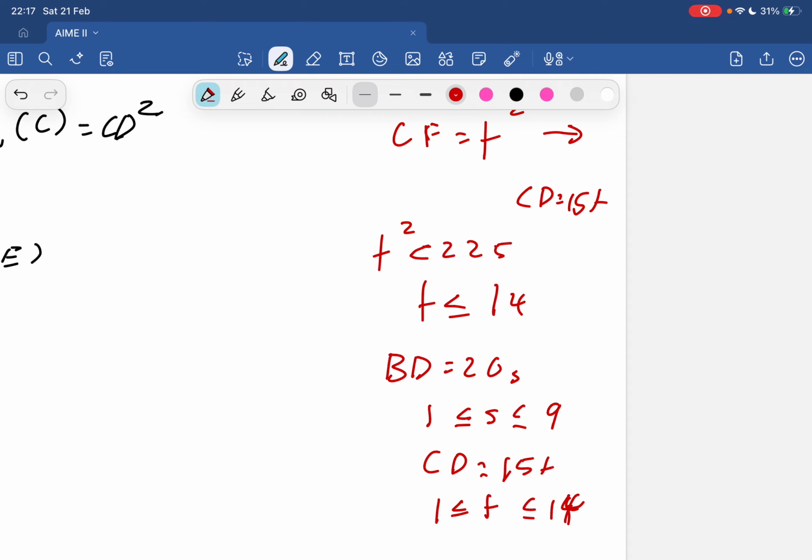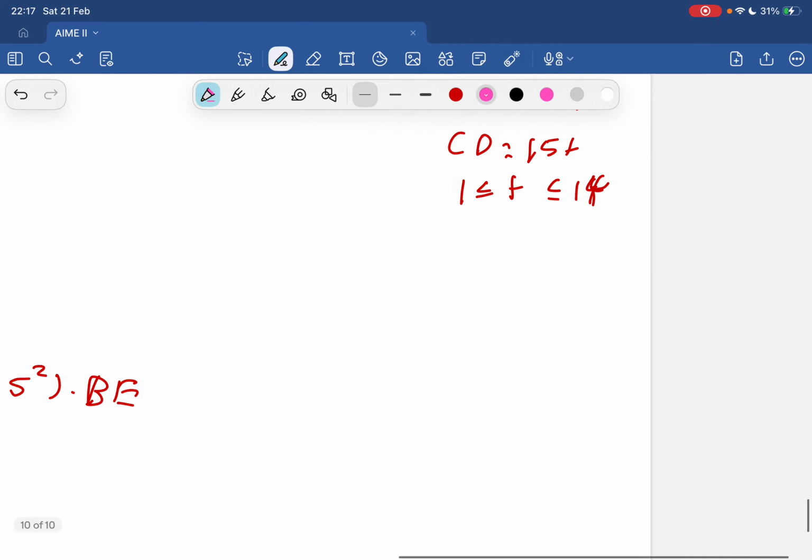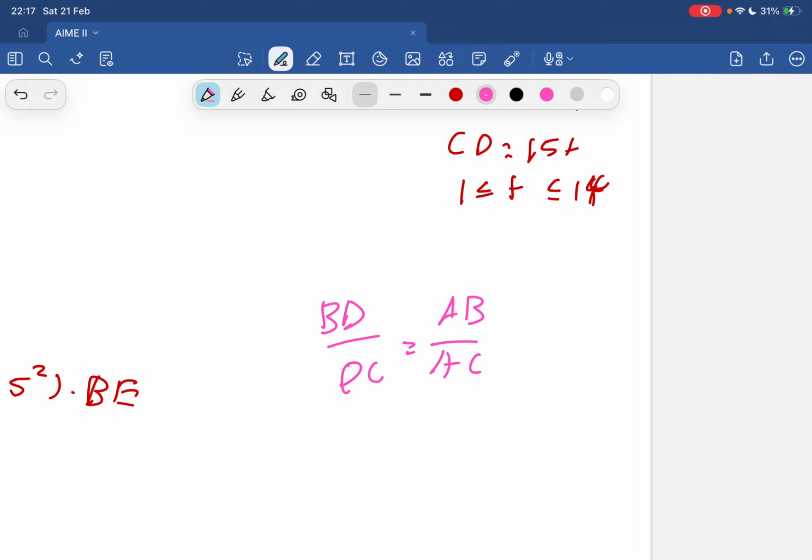Now, using the angle bisector theorem, because AD bisects angle BAC, BD over DC must equal AB over AC, which equals 200 over 225, which is 8 over 9.